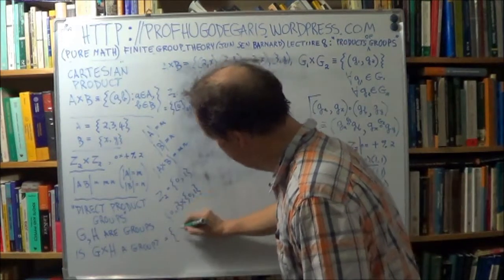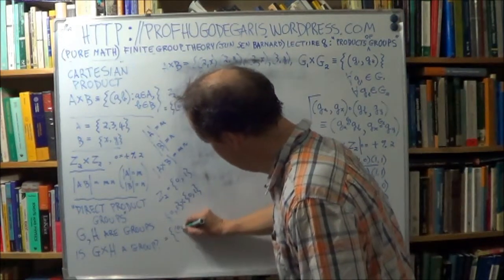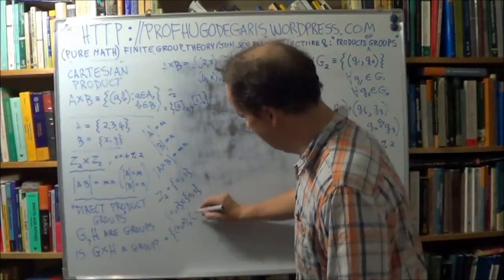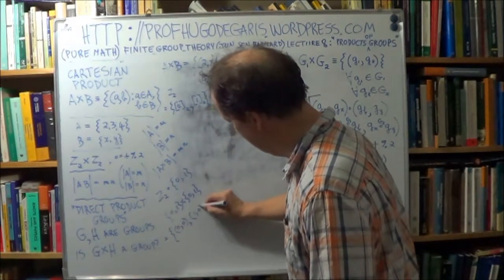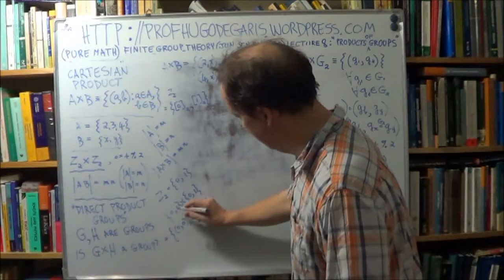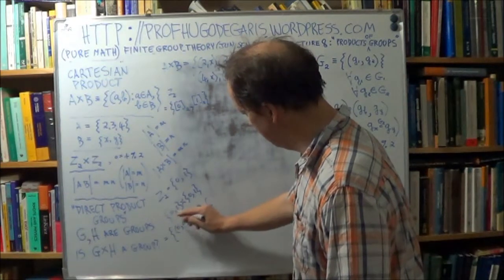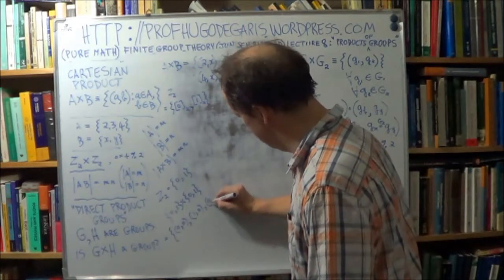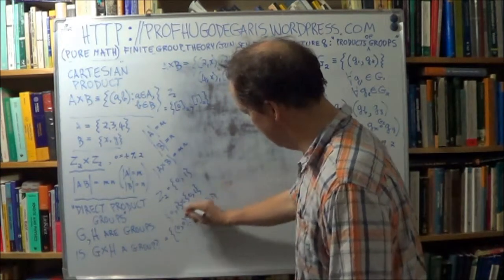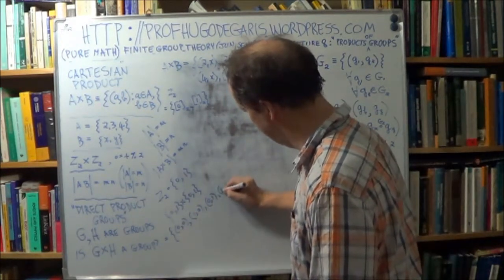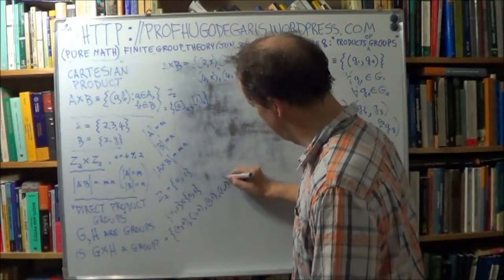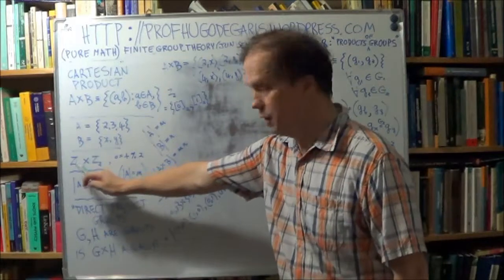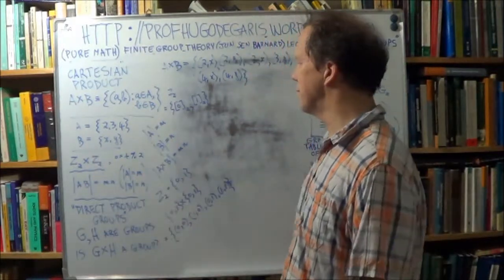You could have 0 with 0, they're just ordered pairs, right? 0 with 0, 0 with 1, 1 with 0, and 1 with 1. Okay, there's your Cartesian product for these two sets, or the same set.